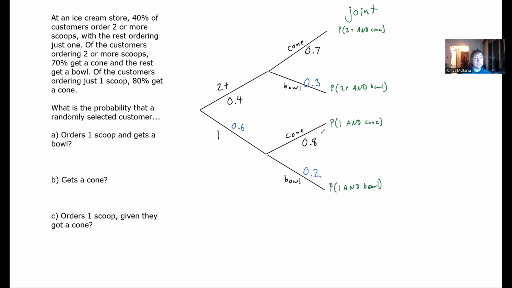And these probabilities, we're going to have to multiply to get them. So we multiply along each branch. For 2+ scoops and a cone, we do the 2+ scoops times the probability that they get a cone given that they had 2+ scoops. So we're doing 0.4 times 0.7. That's 0.28. For the probability of 2+ and a bowl, we do 0.4 times 0.3.